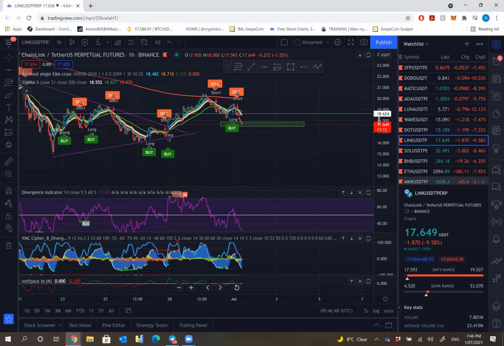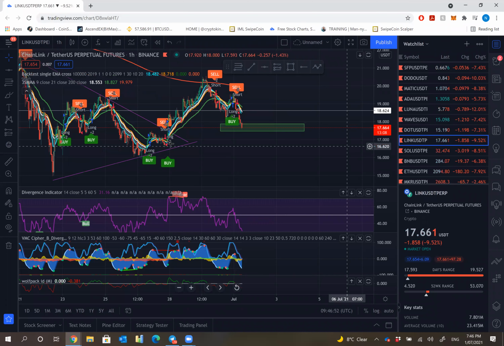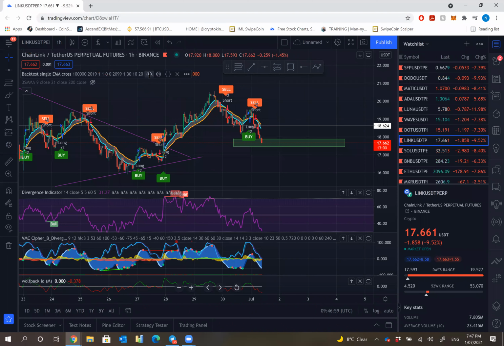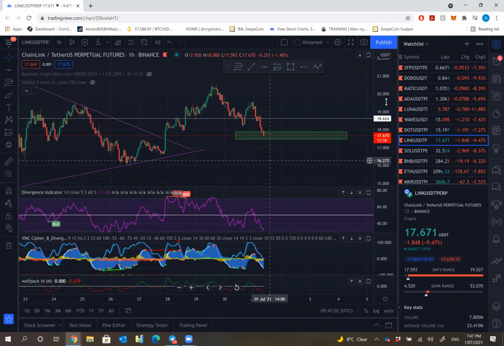How can you actually see what the candles are doing? You've got everything everywhere. That's why I like to use indicators which keep my chart as clean as possible, so I can actually see what my chart is actually doing.